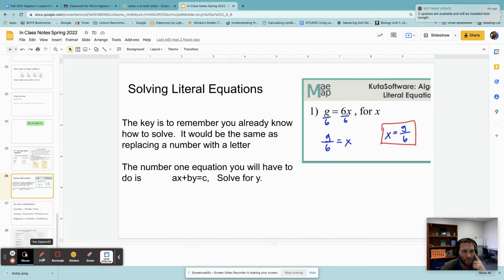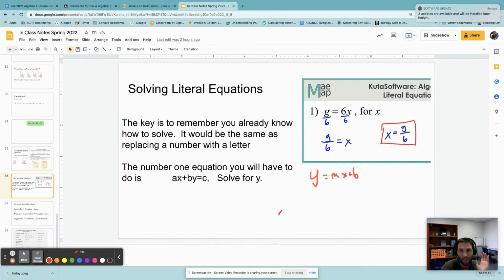So the biggest thing is you have this equation or this formula, ax plus by equals c, solve for y. A lot of times you want to get y because when you get y, you get y equals mx plus b. And you guys hopefully know y equals mx plus b, or at least have heard of it.